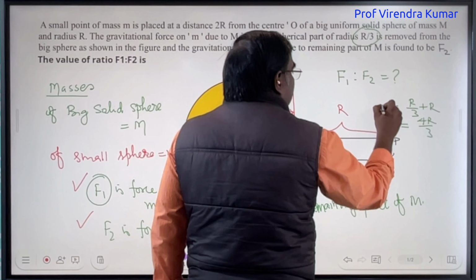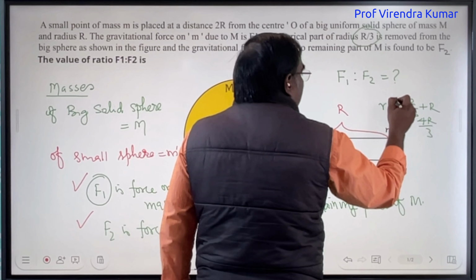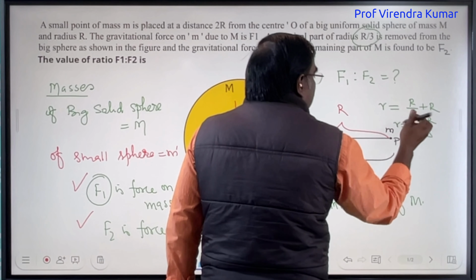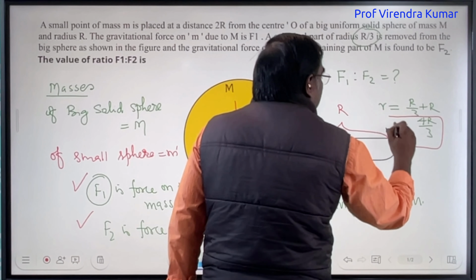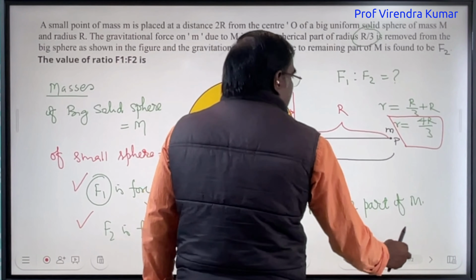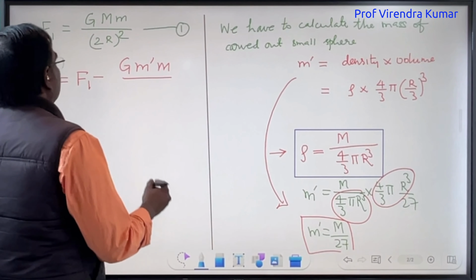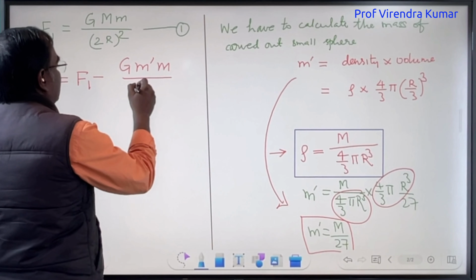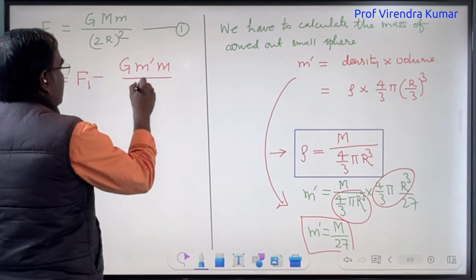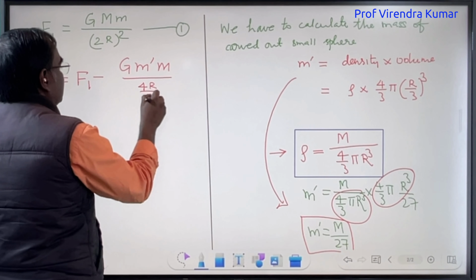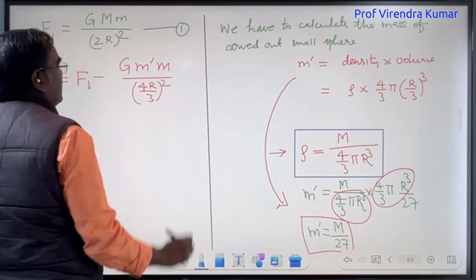So this is the distance, small r, right? So this is the distance. Okay, so 4r upon 3. So we'll put that value. 4r upon 3 whole square, right?